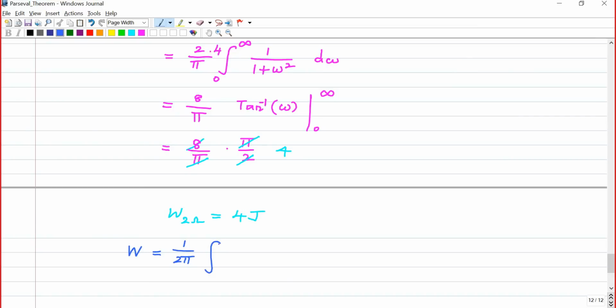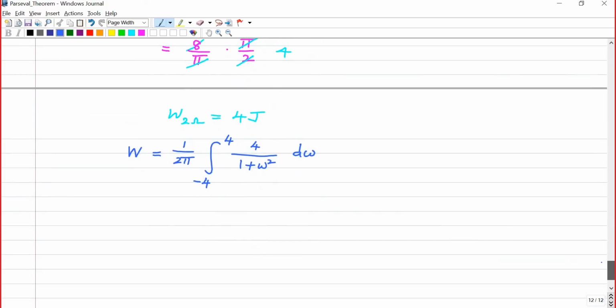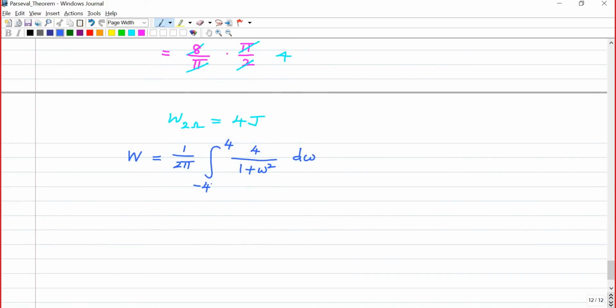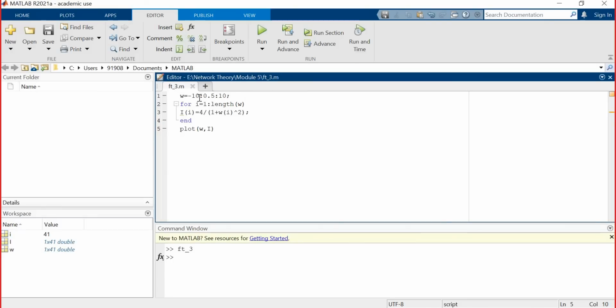Instead of integral minus infinity to plus infinity, I am going for the specific band minus 4 to plus 4, absolute of I of omega the whole square, which is 4 divided by 1 plus omega square d omega. Again, if you notice in the MATLAB program, I have taken from minus 10 to plus 10. You can take it from minus 4 to plus 4. That's not a problem. It's very simple.